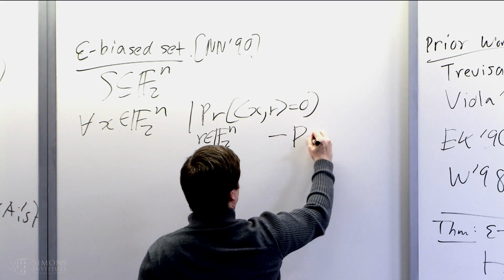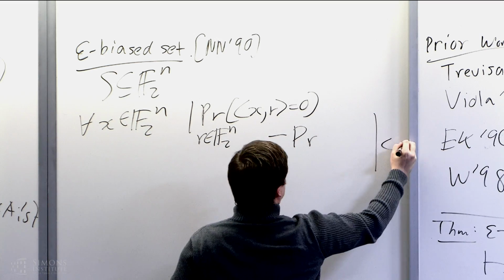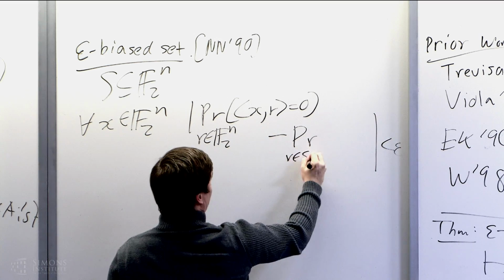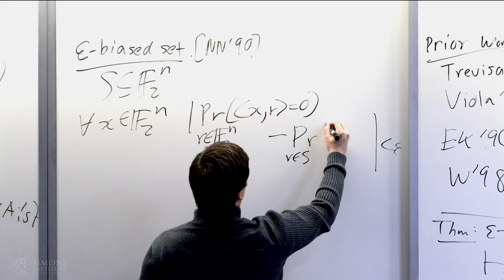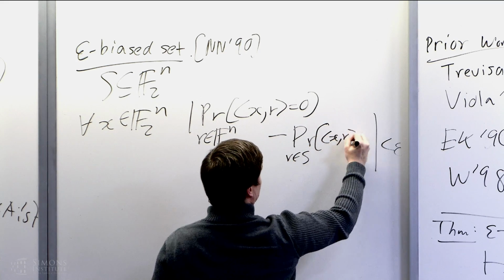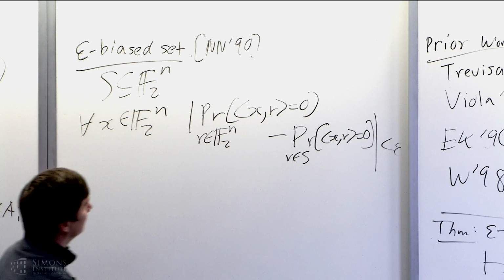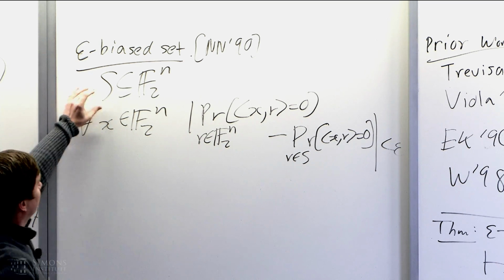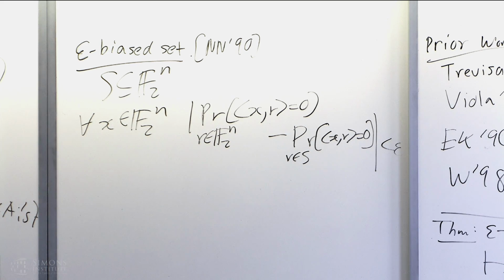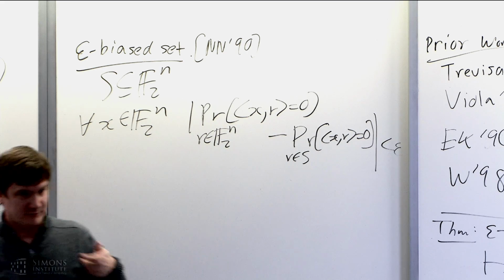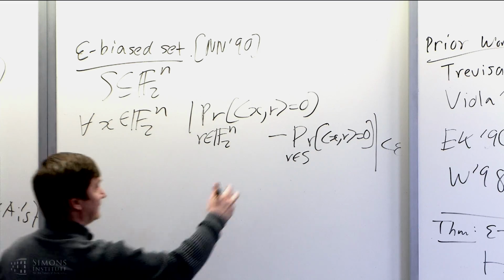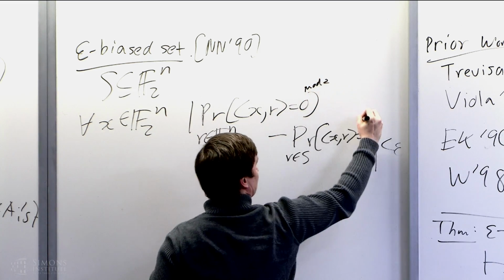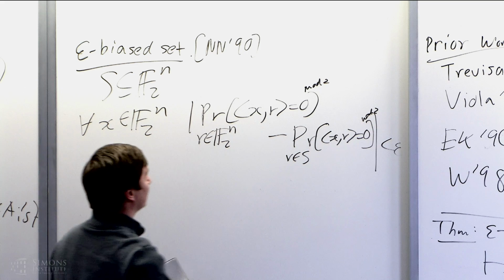That's going to be within epsilon of the probability over this epsilon-bias set of the same thing. So you can think of this epsilon-bias set as the output of a pseudorandom generator that's fooling degree 1 polynomials, so linear functions over F2. And this is all mod 2 stuff.